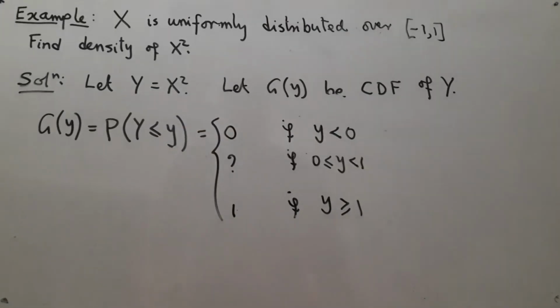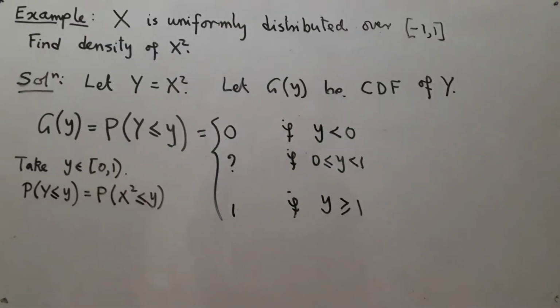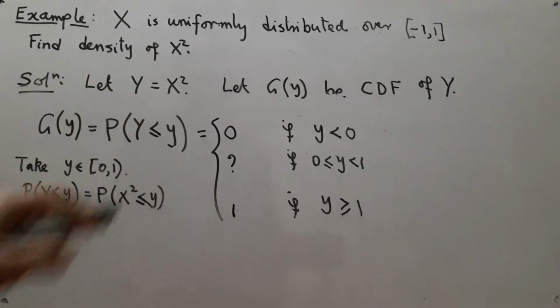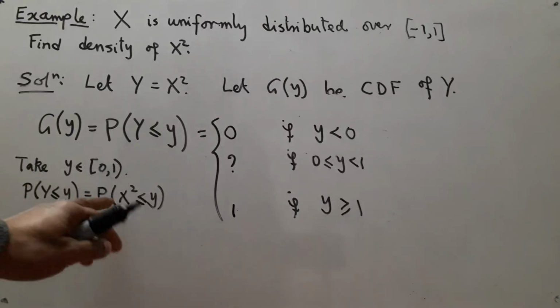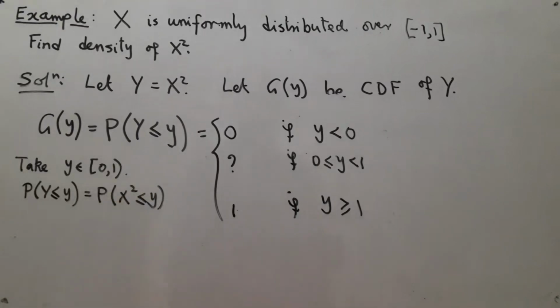And as usual, I shall start by taking one such y and express this probability in terms of x. Now comes the difficulty. Earlier I could take the square on the other side without disrupting the inequality. Now I cannot do it.